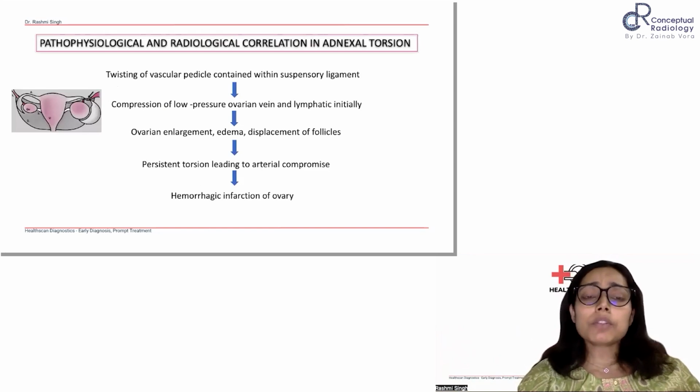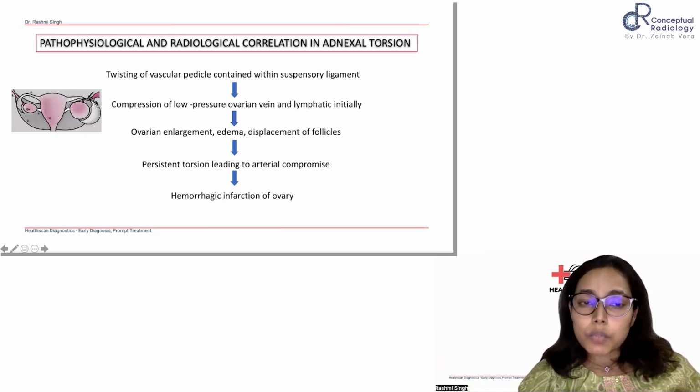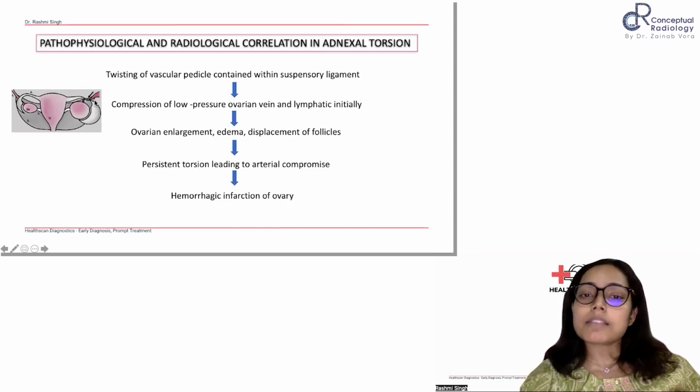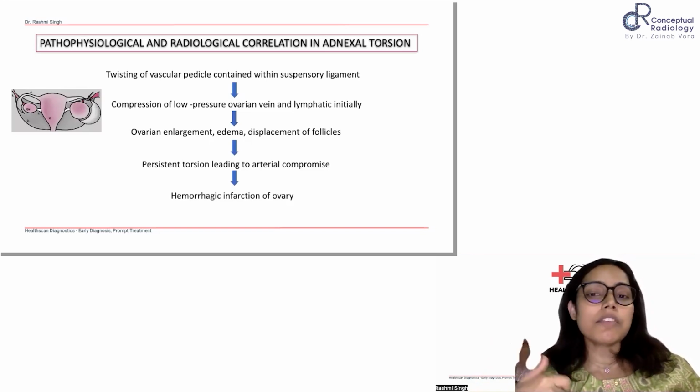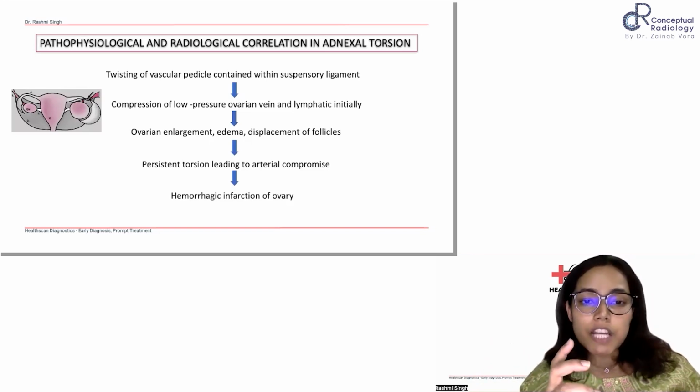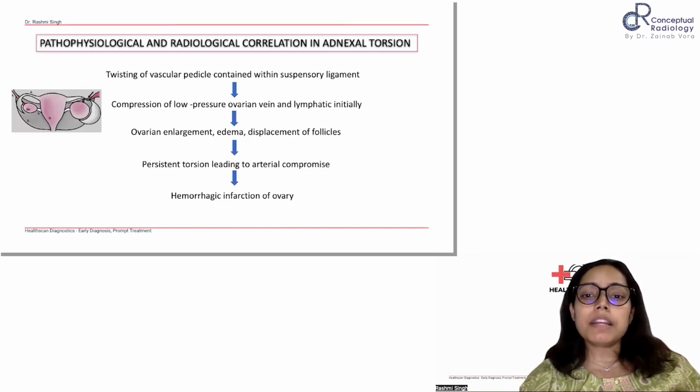Now coming to the pathophysiology of adnexal torsion, what is the sequence of things that happens once there is a twisting of the pedicle? As I told, this ligament contains the vascular pedicles and nerves. When there is a twisting, it will cause compression of initially the veins and lymphatics, which will lead to ovarian enlargement and edema.